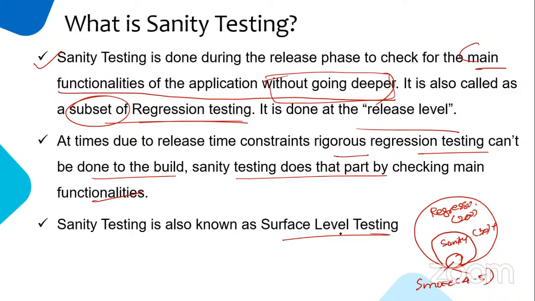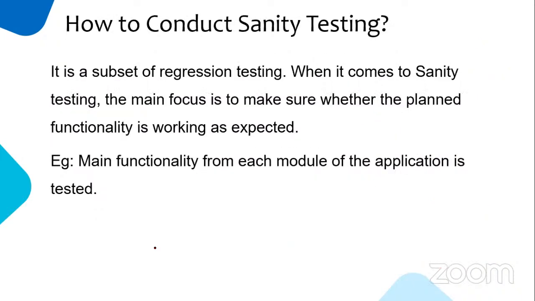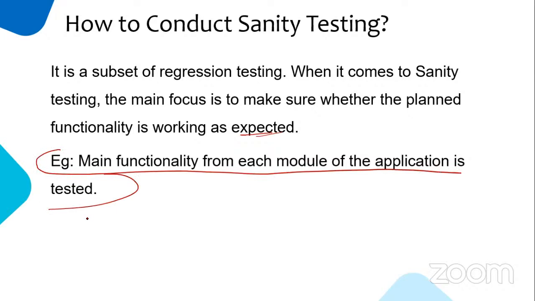And this is also called surface level testing. And how to conduct sanity testing, a subset of regression testing? When it comes to sanity, the main focus is to make sure whether the main functionality is working according to the expected conditions or not. Main functionality from each module of the application is tested.